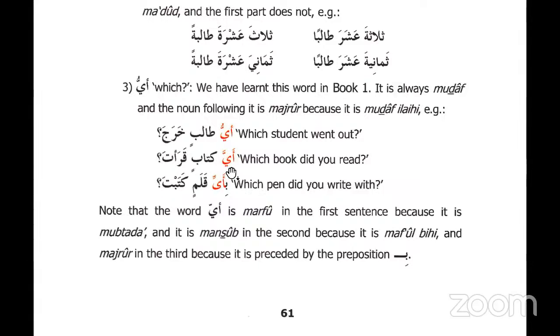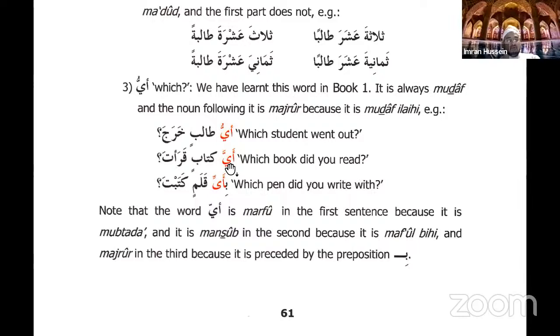Now ayya, it's coming. Ayya kitabin is mudaf, mudaf ilayh. However, because now the verb is coming as the second person you, ayya kitabin qara'ta, so what's happening here?